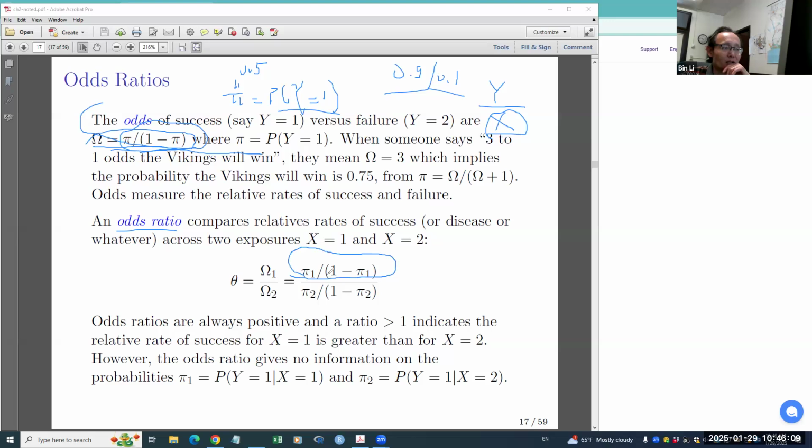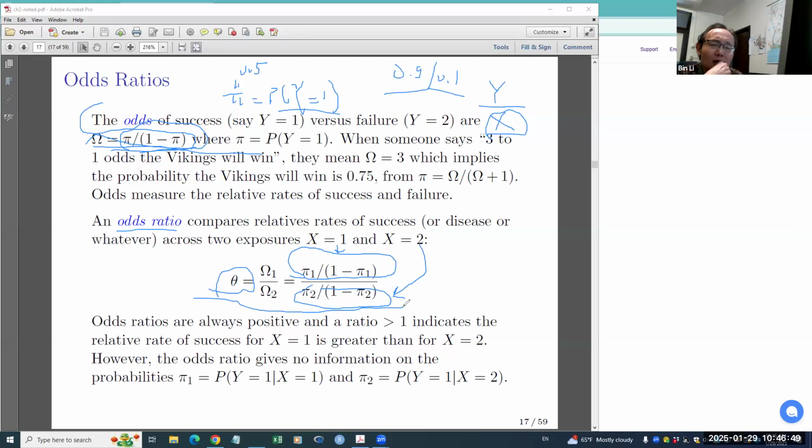This one corresponds to the odds of success for the exposed, x equals 1. And the denominator corresponds to the odds of success among the non-exposed, x equals 2. The ratio of these two odds is called the odds ratio.